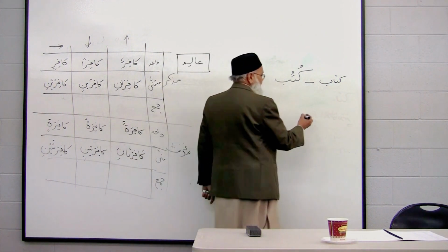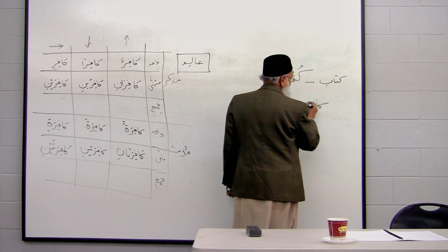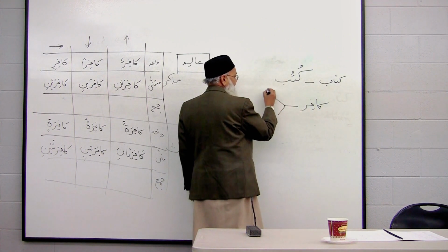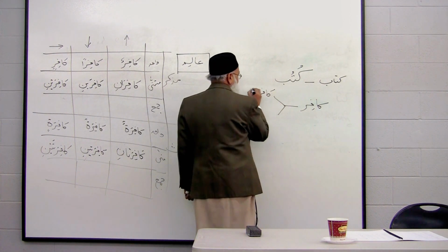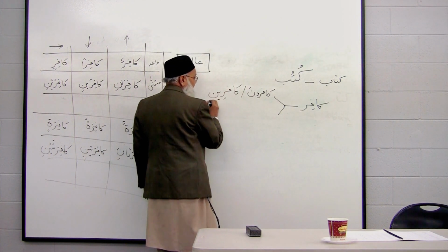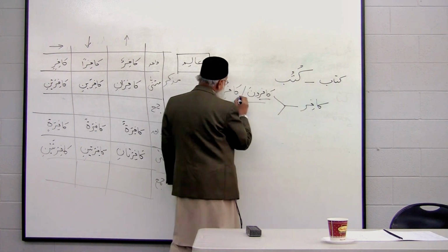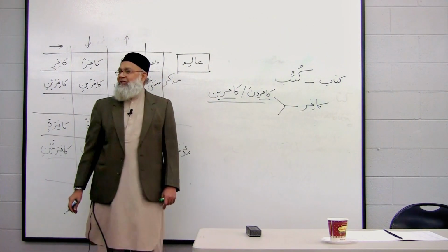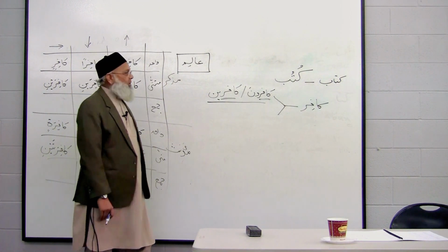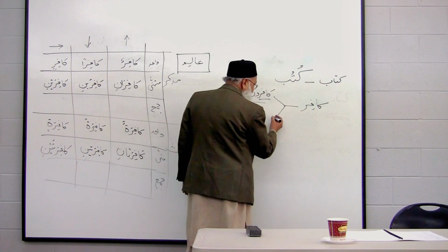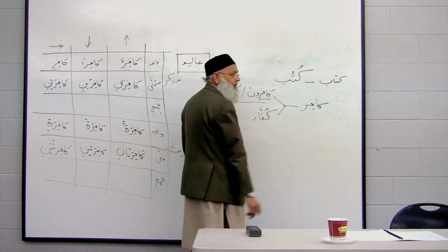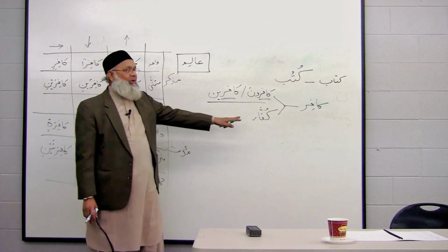You know, kafir has got two plurals: kafiruna or kafirina. These both are regular because the word kafir is there. So this is Jama Salim, unbroken regular plural. But the other is kuffar. The word kafir is not there, so this is a broken plural.